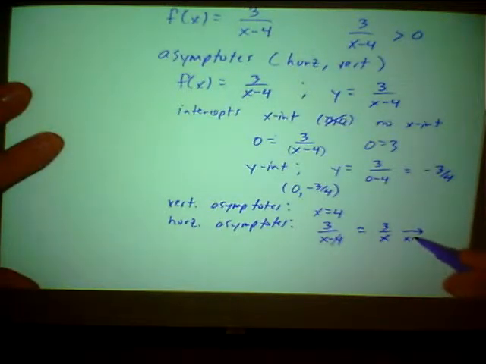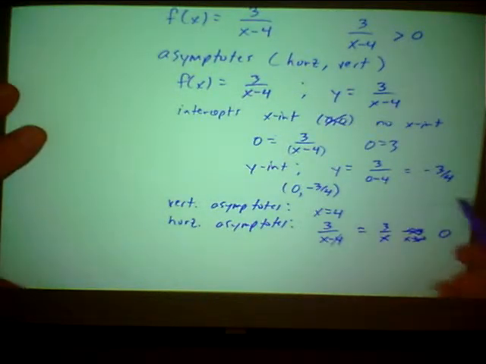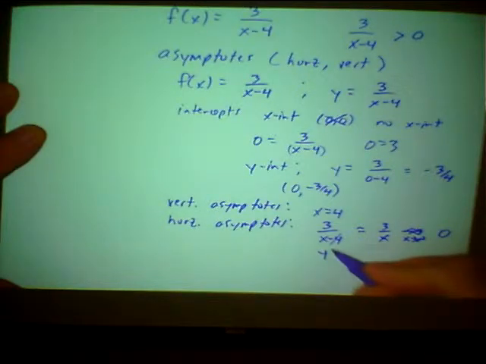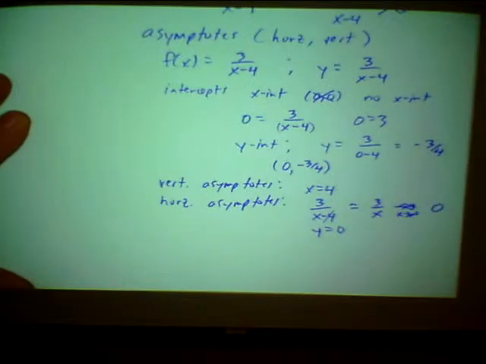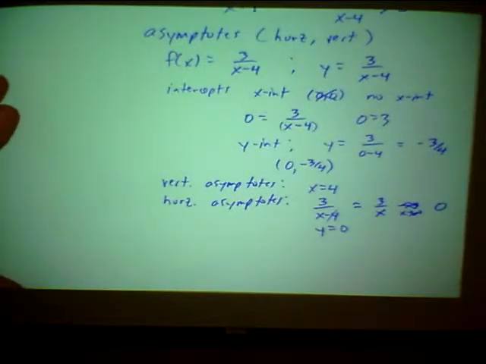And when x gets really large, I can say this thing basically approaches 0. So my horizontal asymptote is going to be y equals 0. So I'm going to draw in a dashed line at y equals 0.